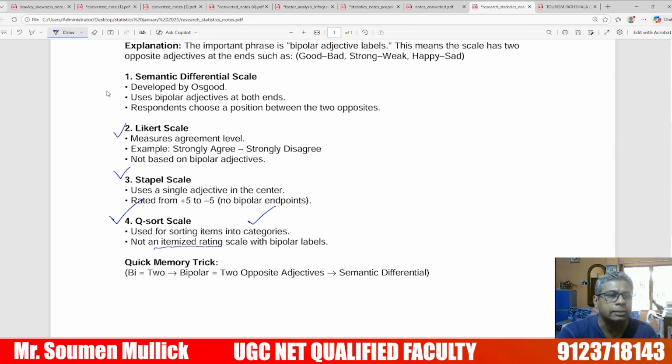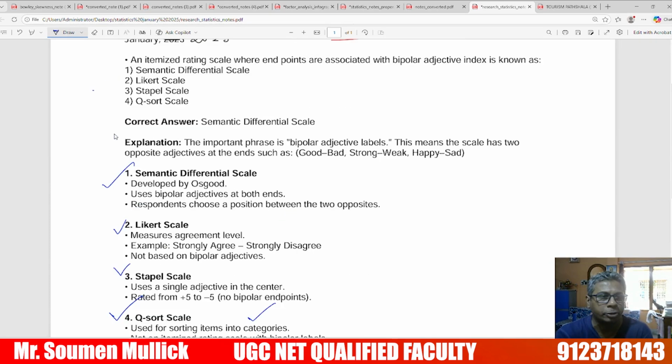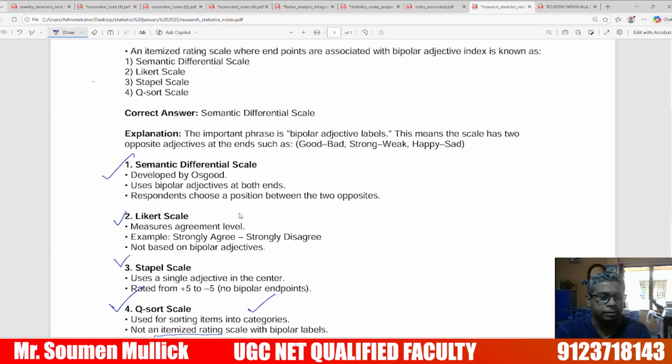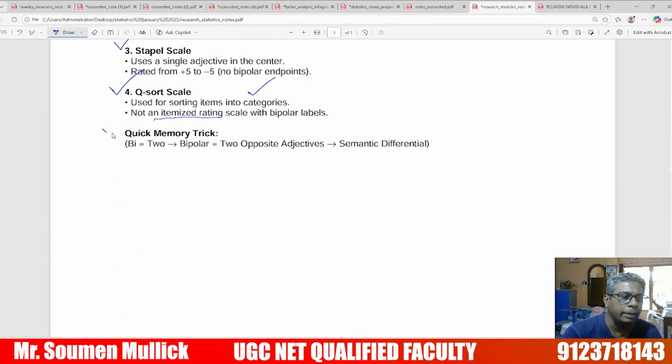So the correct option is the symmetric differential scale. To remember quickly, in the case of bipolar, remember two opposite adjectives. This is the symmetric differential scale.